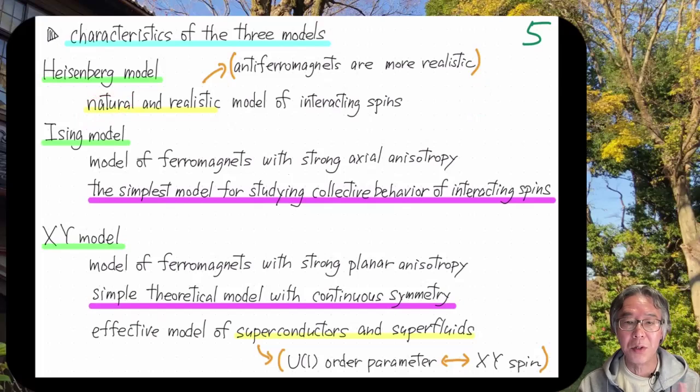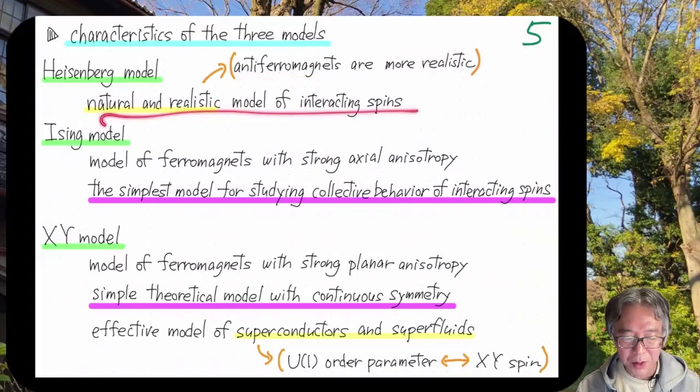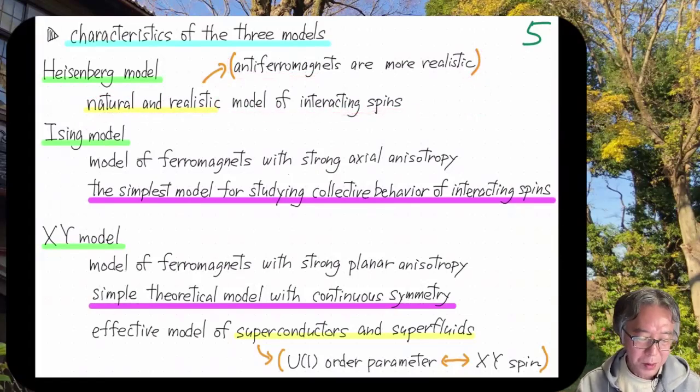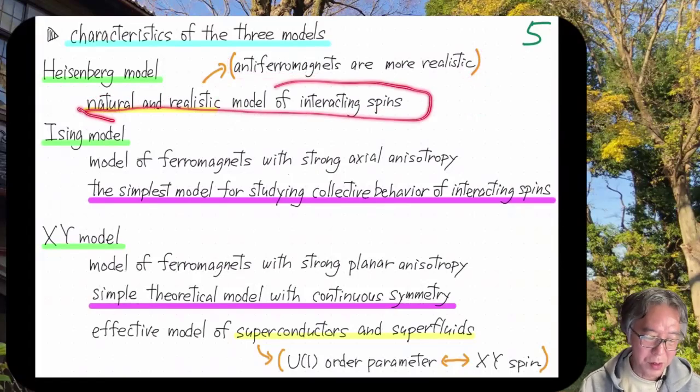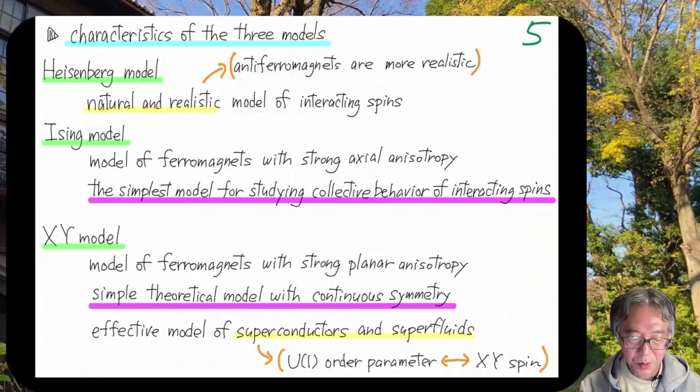And this interaction is simply the inner product. It's very natural and basically realistic. But I would say that antiferromagnets are more realistic, and you find more actual materials. But anyway, we are not discussing this kind of actual magnetic systems. So anyway, this is natural and realistic. I think everybody would agree that this is the most natural and realistic model.